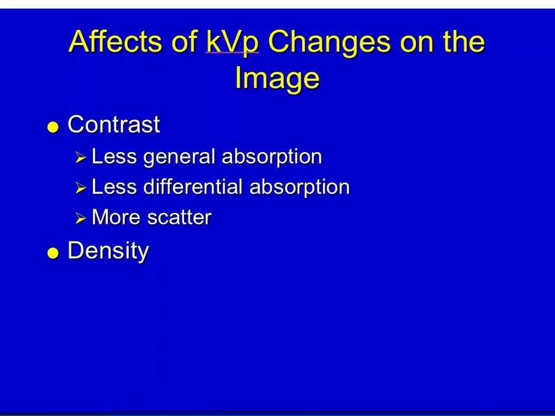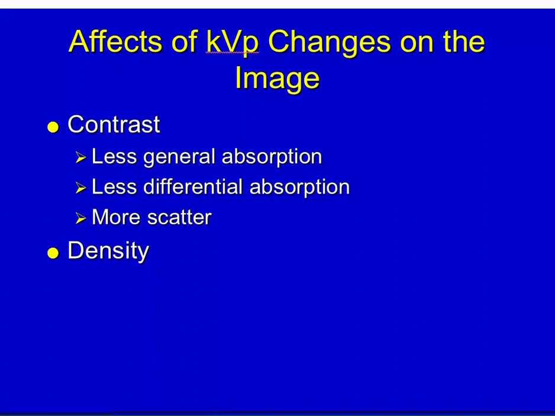So in that way, because we lose differential absorption as kVp goes up, contrast goes down. As kVp goes up, we get less contrast because we get less differential absorption and more scatter radiation.